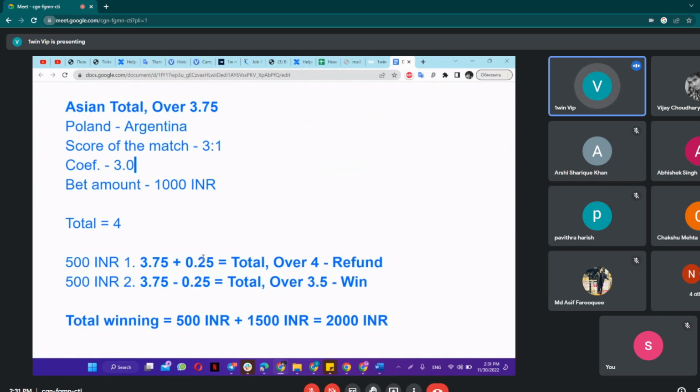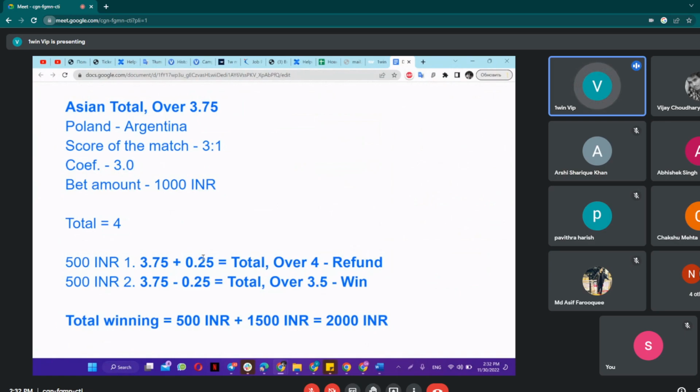By the main one you received a win; by the insurance you only received a refund, you didn't lose. So the coefficients are a little lower because you are taking less risk. You didn't win the full 3,000 rupees, but you won half of the bet, and the second half is just a refund. You can use this refund, the total winnings of 2,000 rupees, to place another bet.